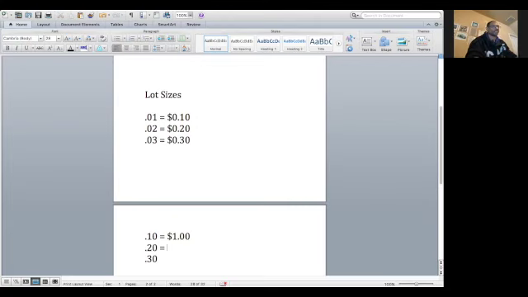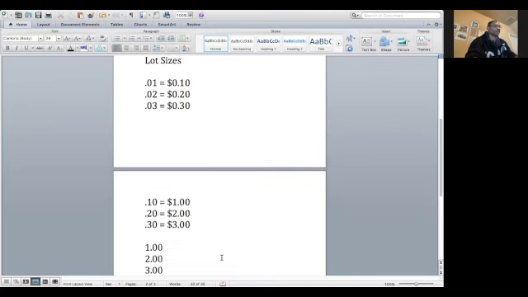For the 0.20, put a 2.0, then you add another 0, dollar sign, and it's $2. Same with 0.30, it becomes a 3.0, add a 0, and 0.30 equals $3.